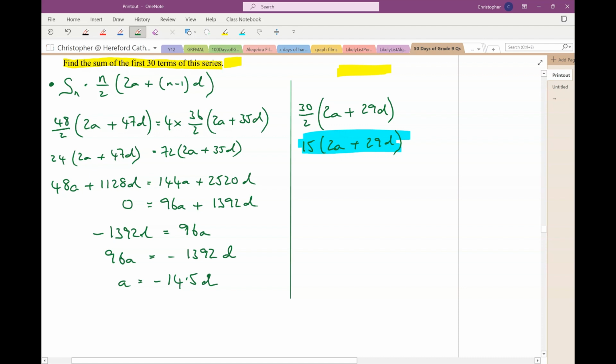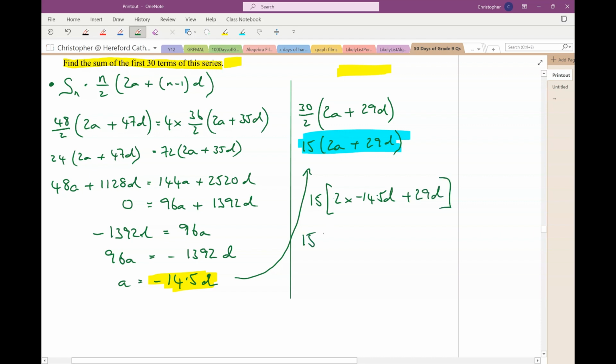A is minus 14.5D. Now, if I substitute this expression for A into here, it's going to be 15 multiplied by twice A, so that's going to be 2 times minus 14.5D plus 29D. And look what happens here.